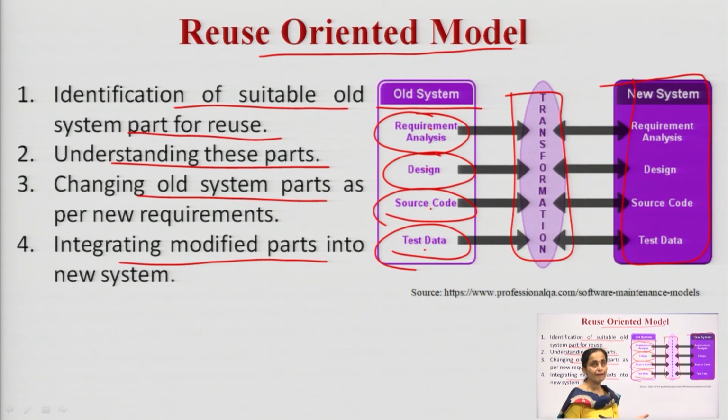The changes can be in terms of requirements, at the design phase, at the coding part, or at the test case design. So, as per the identification of changes in my old system, we will be making the new system by doing this transformation in the corresponding phase that is suggested.